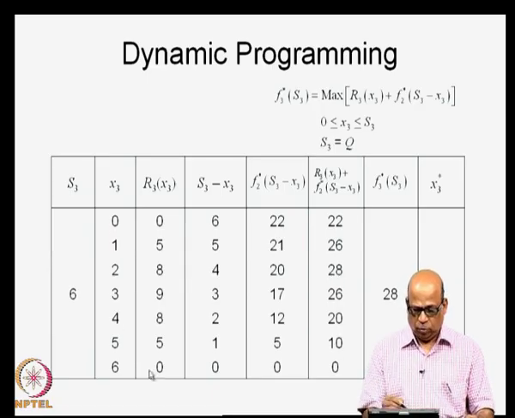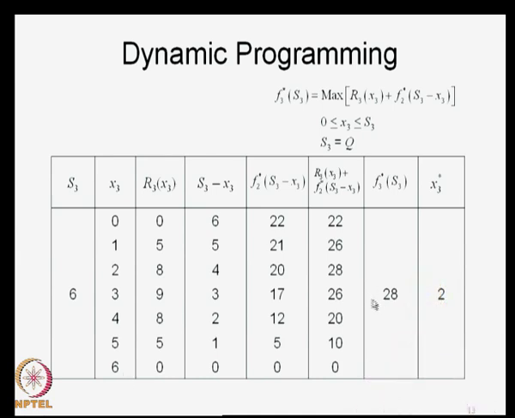So, like this you do it for all the possible values of x 3, and you pick up the maximum value out of all these allocations. So, the maximum value in this case corresponds to 28, and the particular x 3 value that results in this maximum value is 2.